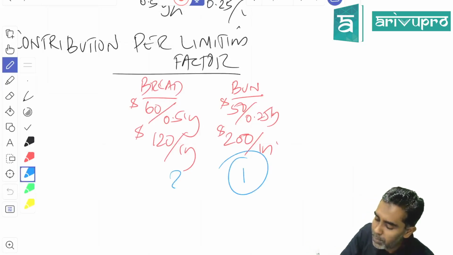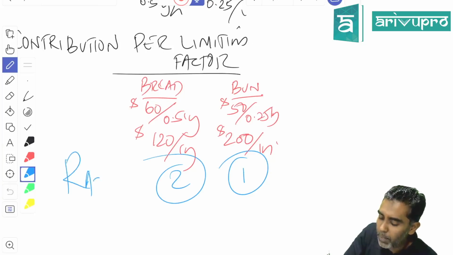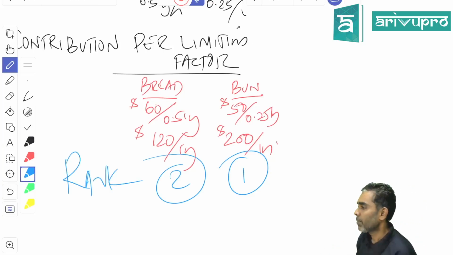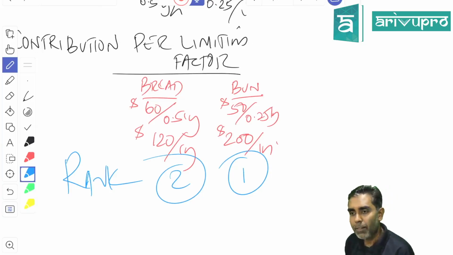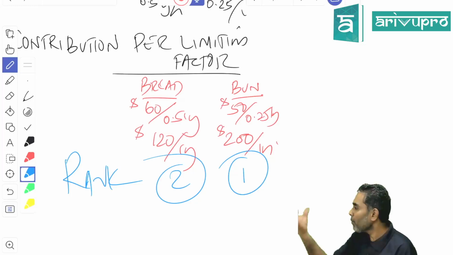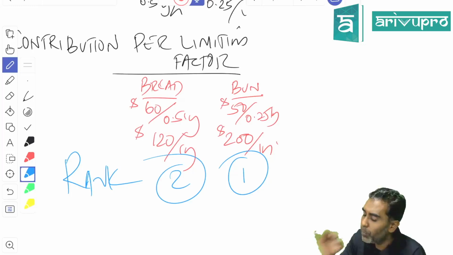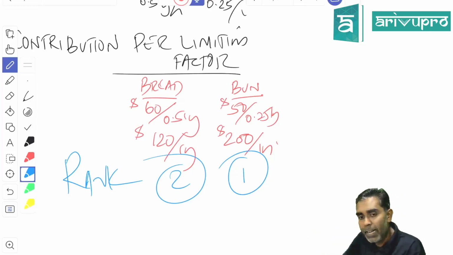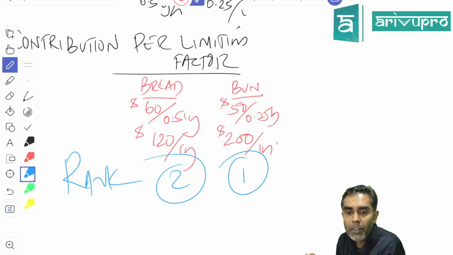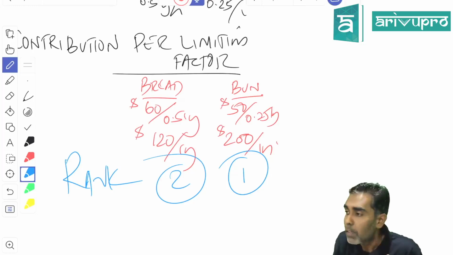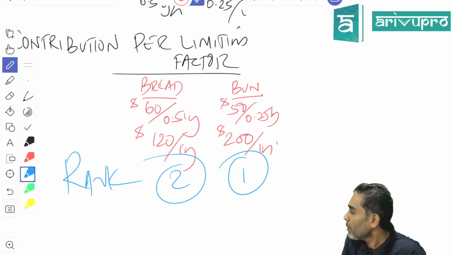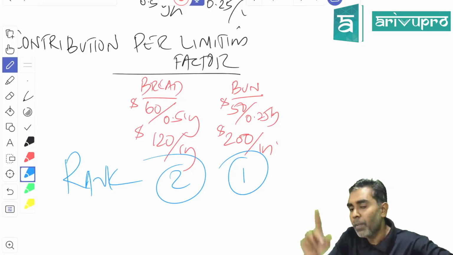This is first, this is second, if you rank the products. Is that understandable? Now from your available resources, you will have to allocate first priority to bun. Right after completion of the bun production, you can give it to bread. Sometimes with available resources, we can make only one product.